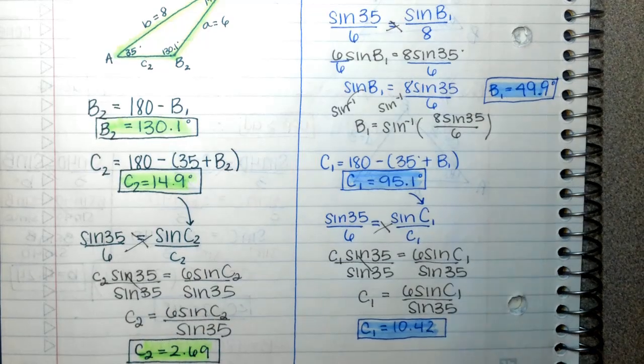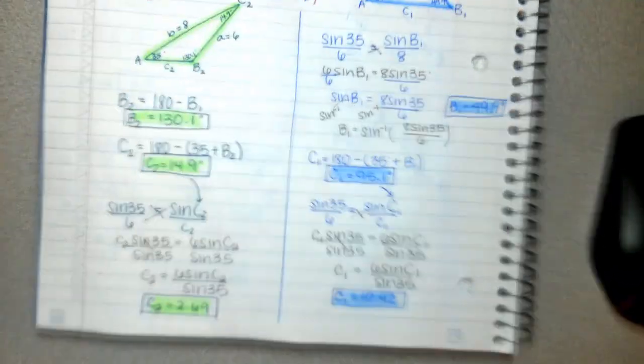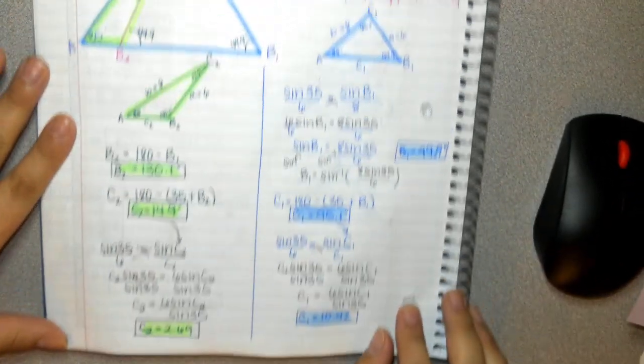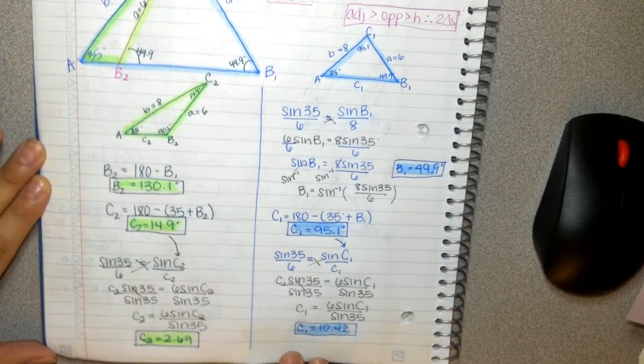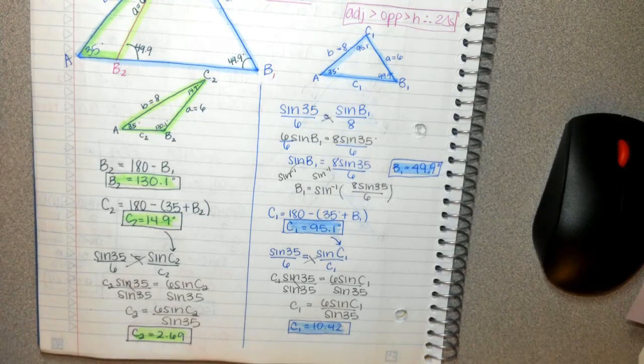Okay, so good question. Your test questions are not going to ask you to find all the information. That's a lot. So, like on your quiz tomorrow, a question would be like, here's the information, find angle B. I'm not going to tell you there's two triangles. You're going to have to discover that and give me B1 and B2.